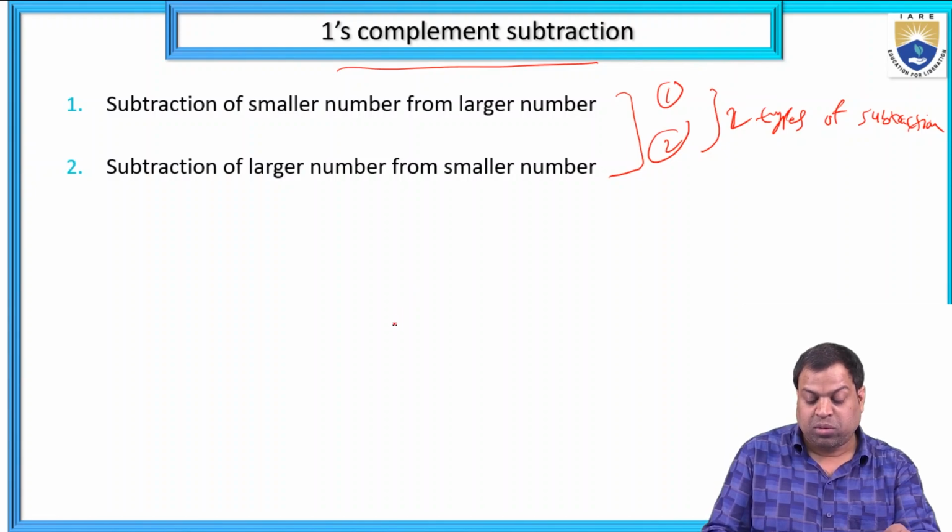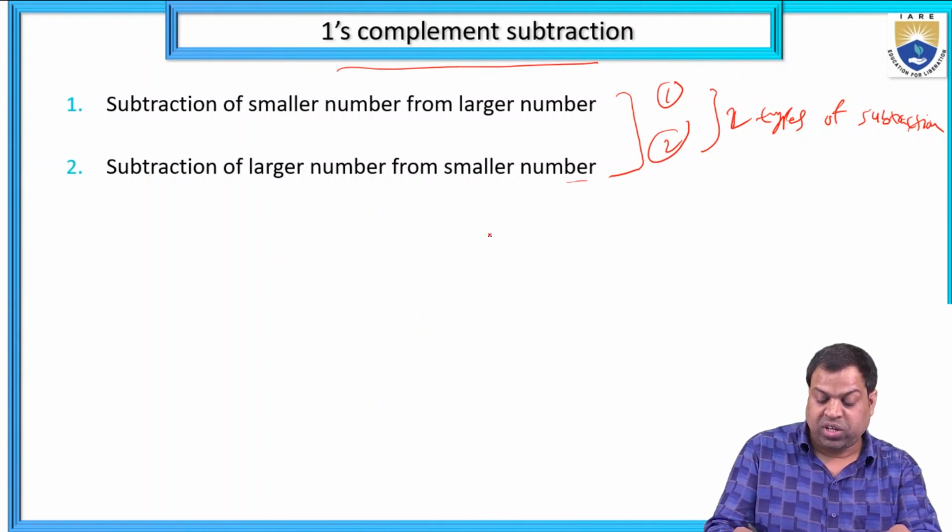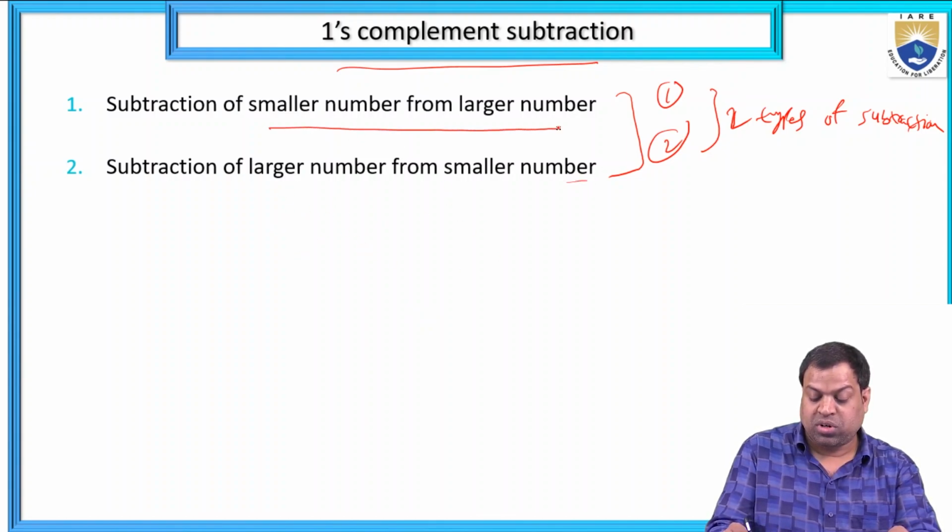Subtraction of smaller number from larger number, and subtraction of larger number from smaller number. So first I am taking smaller number from larger number. Is it a larger number? Yes, larger number.